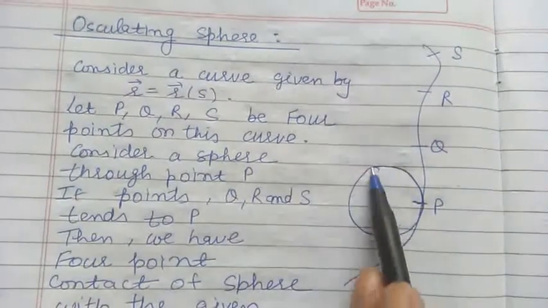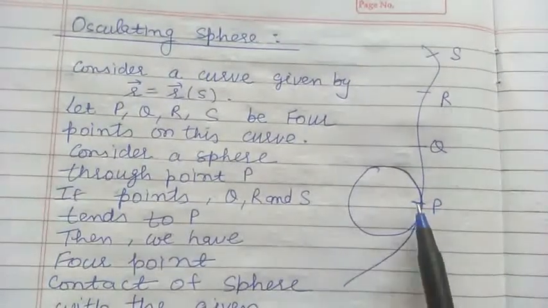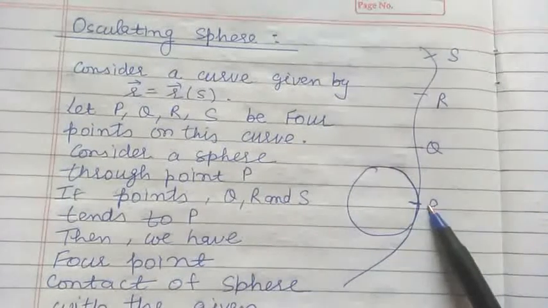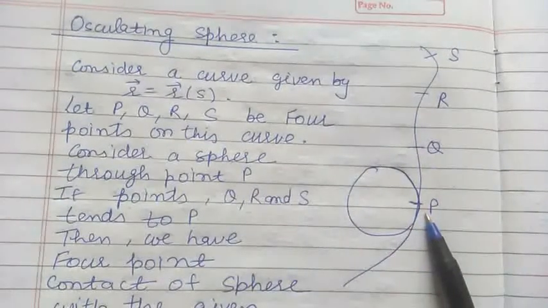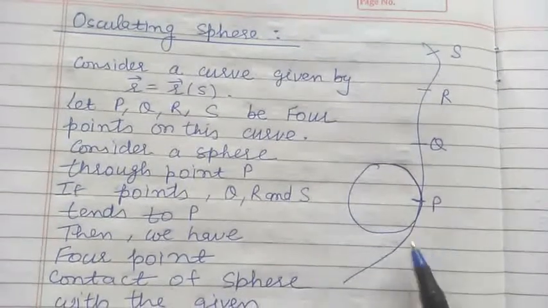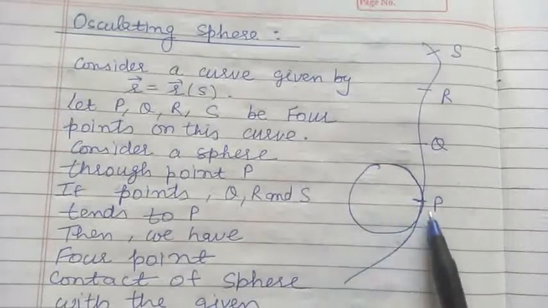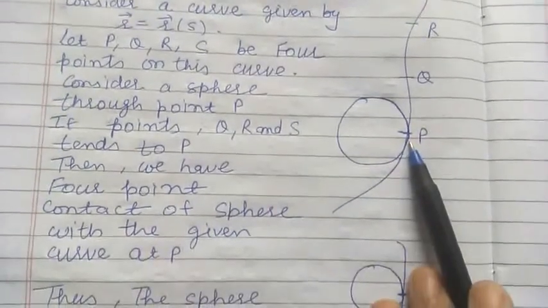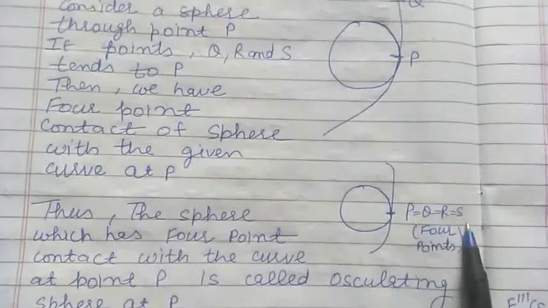Now let us consider a sphere through the point P. Now if the point S approaches P, R approaches P, and Q approaches P, in that case we can see that this curve and this sphere have 4-point contact at this point P. As you can see here, the 4 points coincide.